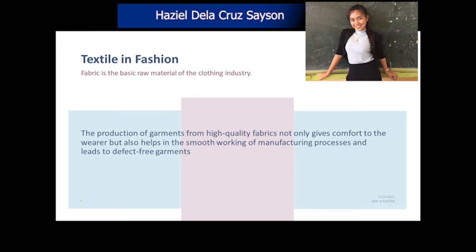For example, for us students, the PE uniform was created for us to be able to move freely to do activities like dancing or whatever. The PE uniform is made of cotton and wool, and it is soft and flexible. So textile in fashion is not just about fashion. It is about how we fit our clothes in our working areas.